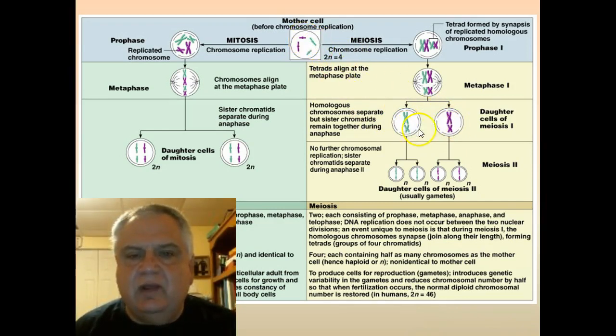Each of these cells now only has, albeit duplicated, copies of only two of each of the chromosomes. Now, what's going to happen is these chromosomes, let's take the purple ones here, these purple chromosomes will finish their replication and separate, and they'll be pulled to opposite ends of each of the daughter cells here.